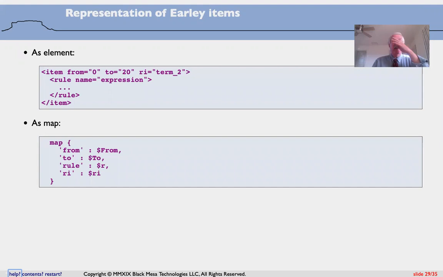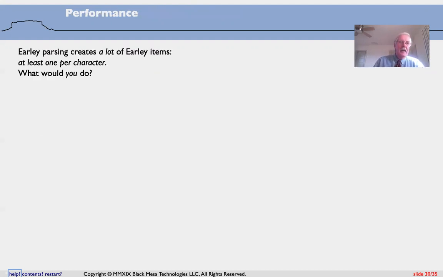The final observation I want to make is about speed and the representation of Earley items. I started by representing Earley items as elements, and then ultimately moved to representing them as maps, because all of the implementers I had talked to talked about how expensive it is to construct elements.